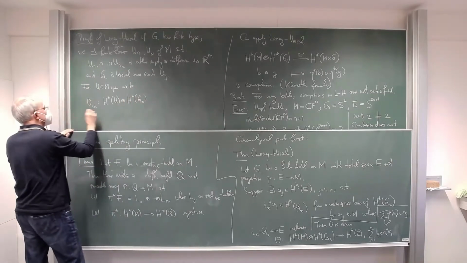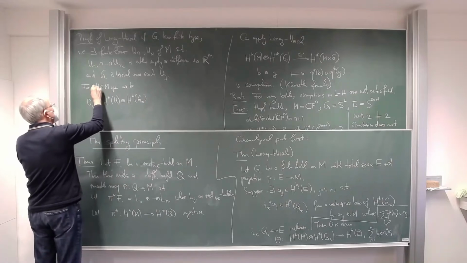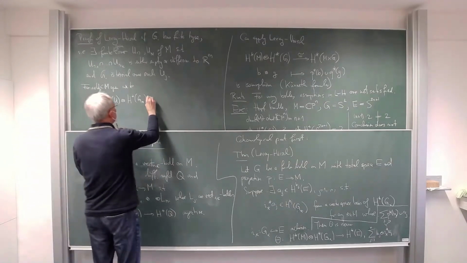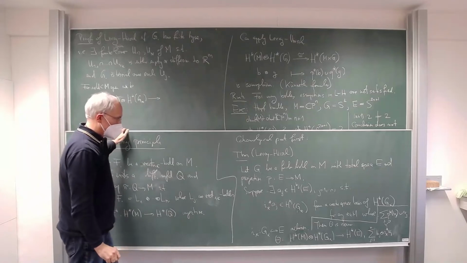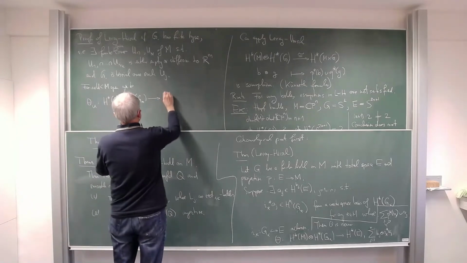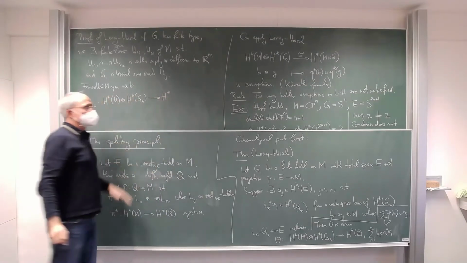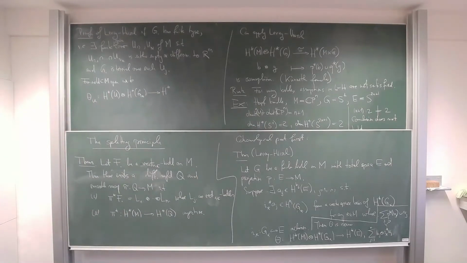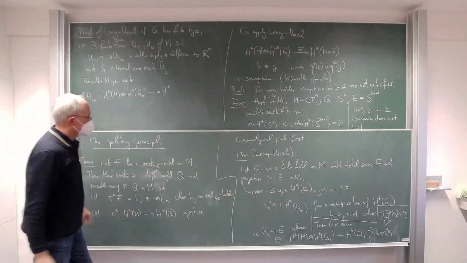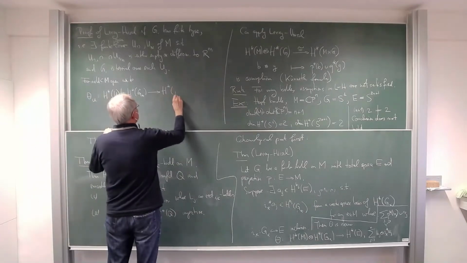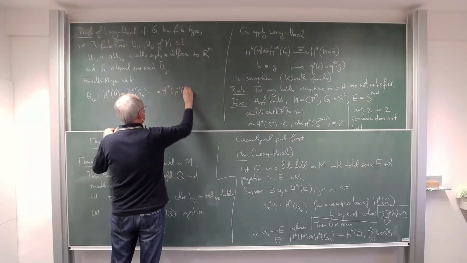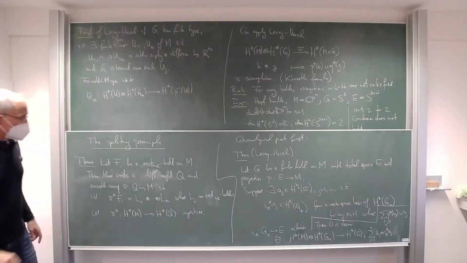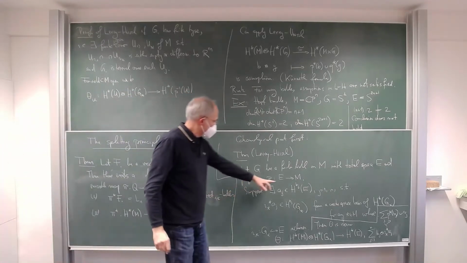So x should be a point contained in U. And on the right hand side I have to take the bundle which I get by restricting to U. The total space of the bundle restricted to U. So that would be the pre-image of U if P is the projection map.